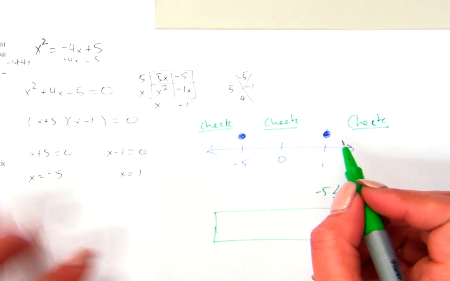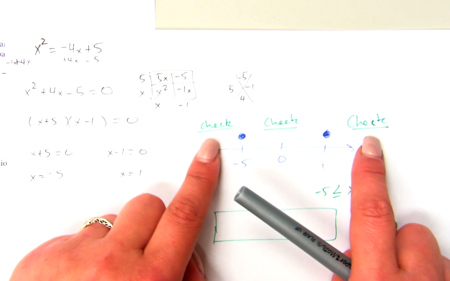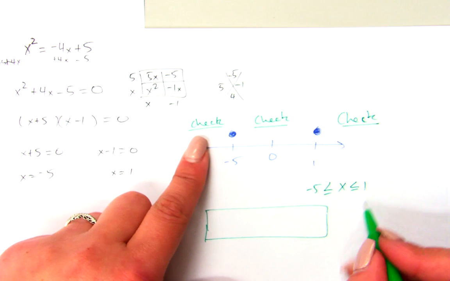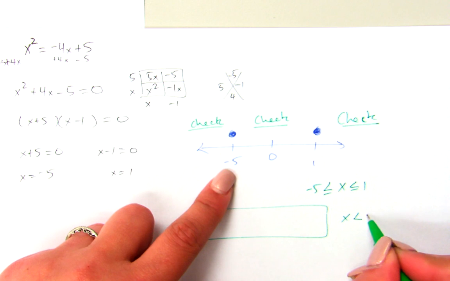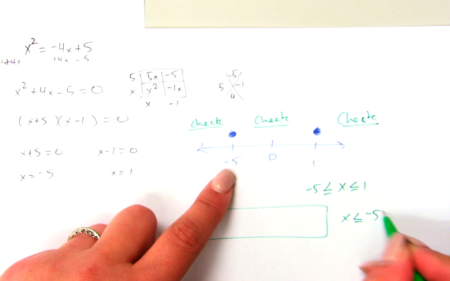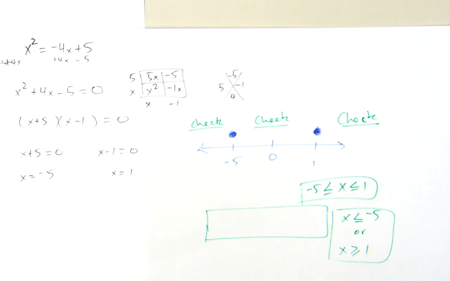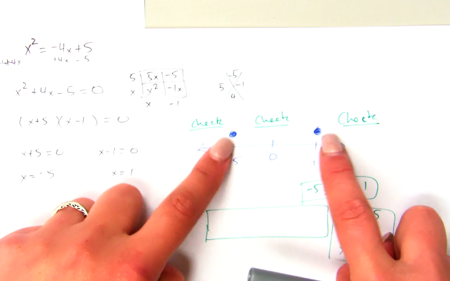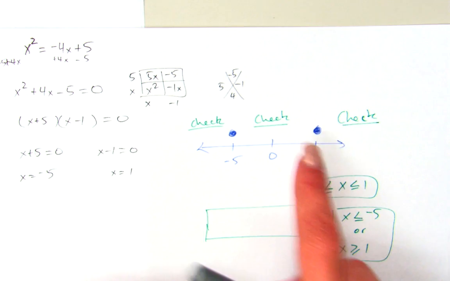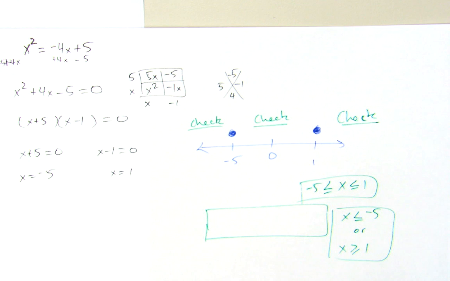If the shading is true out here in these 2 areas, then your answer is x is less than or equal to negative 5, or x is greater than or equal to 1. So you have 2 options as an answer. You have to check to see which one is true. If it's true out here, then you shade that one. If it's true inside, then your answer is that one. Okay, that was part C of number 54.